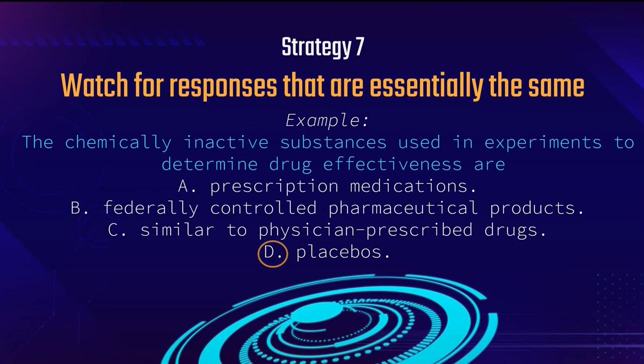Choices A, B, and C are the same thing, stated in different ways. Prescription medications are federally controlled and physician prescribed. Since these responses are the same, they cannot be the correct choice, assuming you are allowed to choose only one answer, which is typically how most exams are designed.